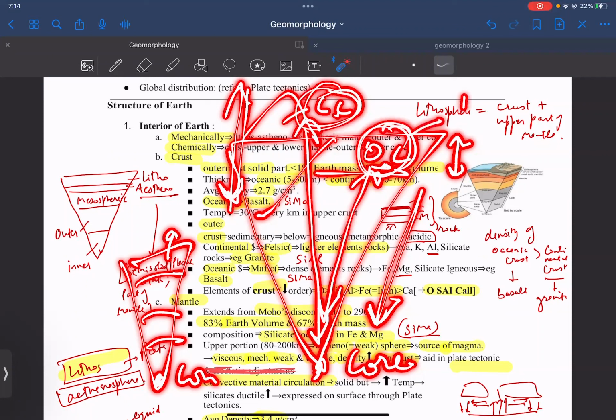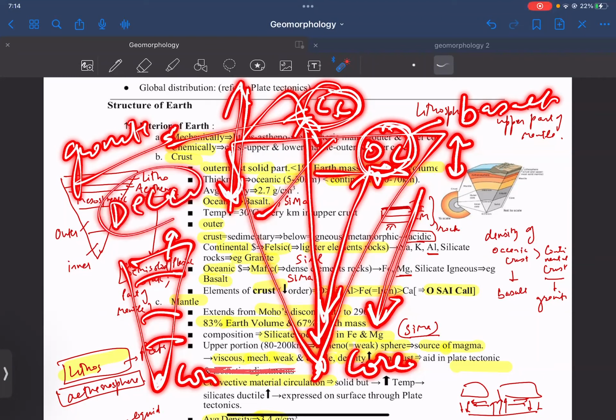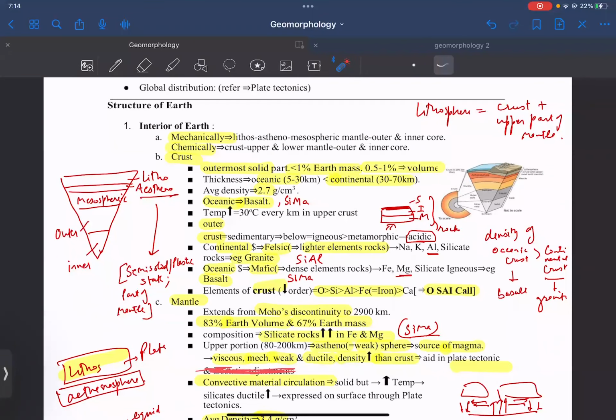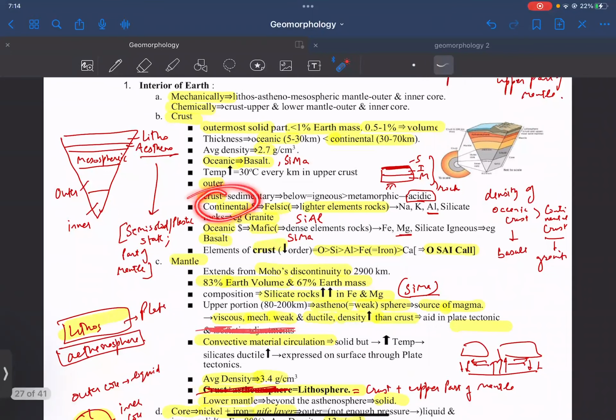Example: oceanic crust has basalt, continental crust has granite rocks. But yes, our Deccan Plateau is made up of what? Basaltic rocks, not granite, in spite of it being in a continental area. Keep this in mind. All right. In the case of continental crust, you have felsic rocks.